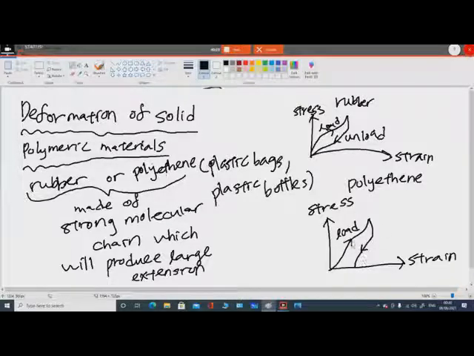The polyethylene is not able to return to its original shape after we unload the stress. That is the big difference between these two graphs.